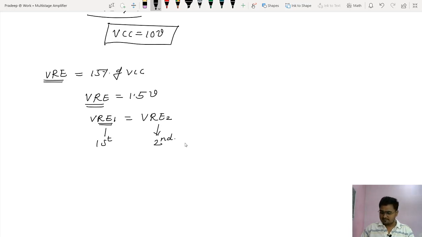Now after that, what do we do? With this traditional method, it is the calculation for VCEQ. That VCEQ, I am saying it is VCEQ1 and VCEQ2, that is VCEQ for the first transistor and VCEQ for the second transistor. How do we calculate it? It is VCC divided by 2. What is the value of VCC? Yes, it is 10.